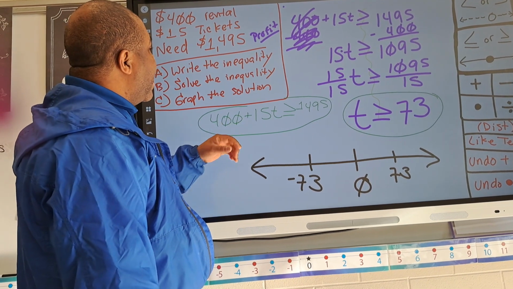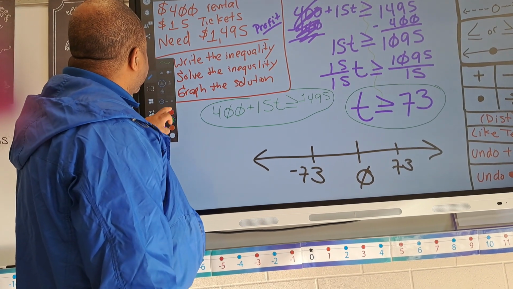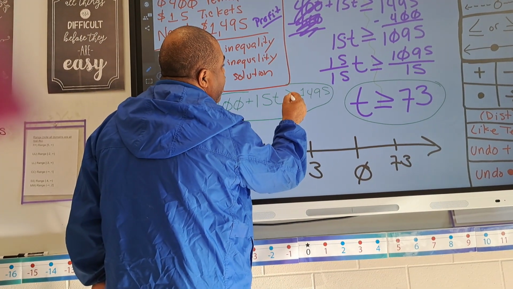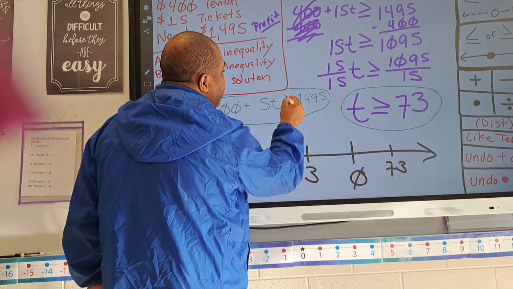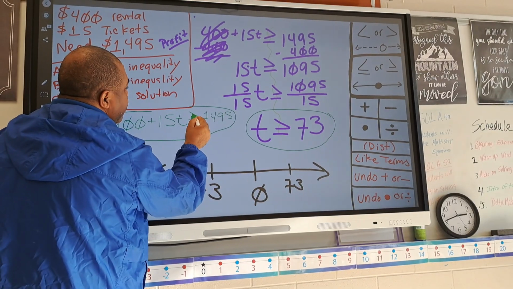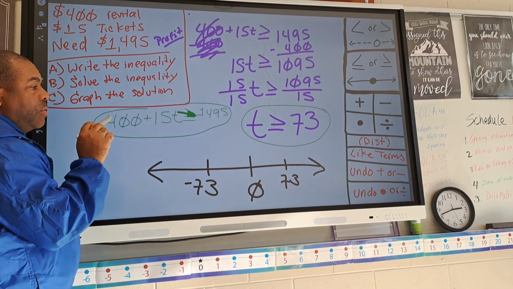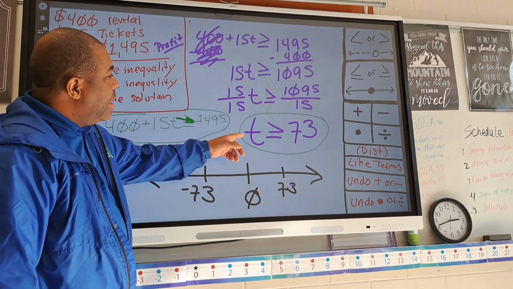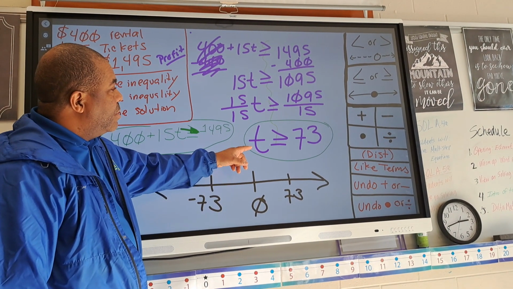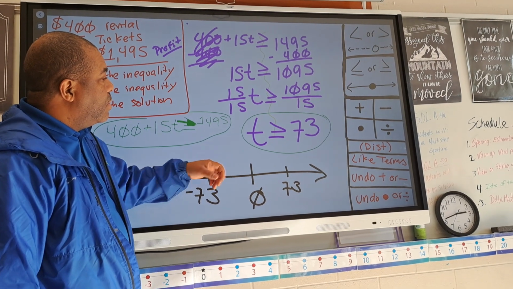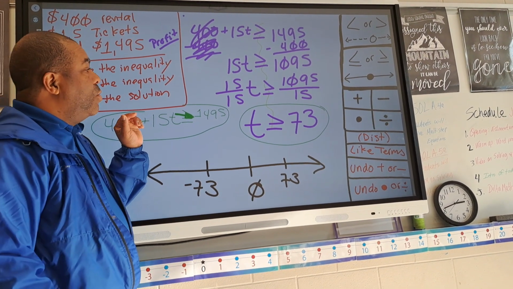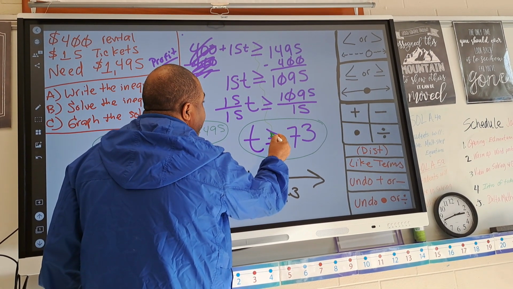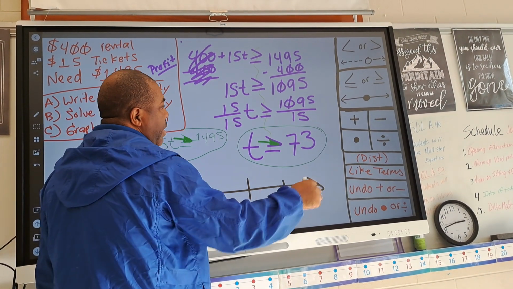So, looking at our inequality, our inequality tells us with this arrow that we need to shoot that way. So, T is greater than or equal to 73. It says shoot that way, right? That's where the arrow was pointing.